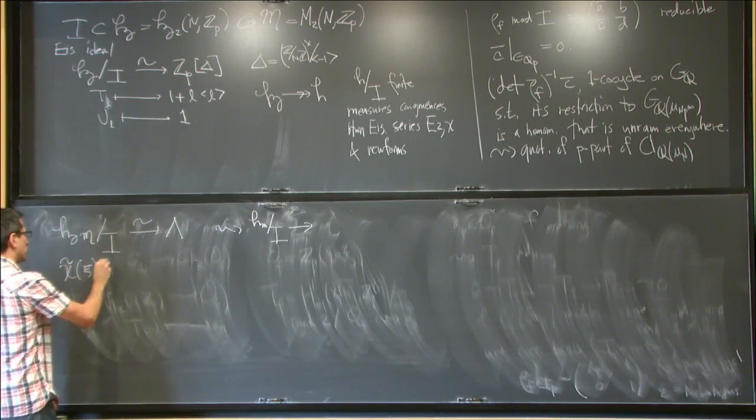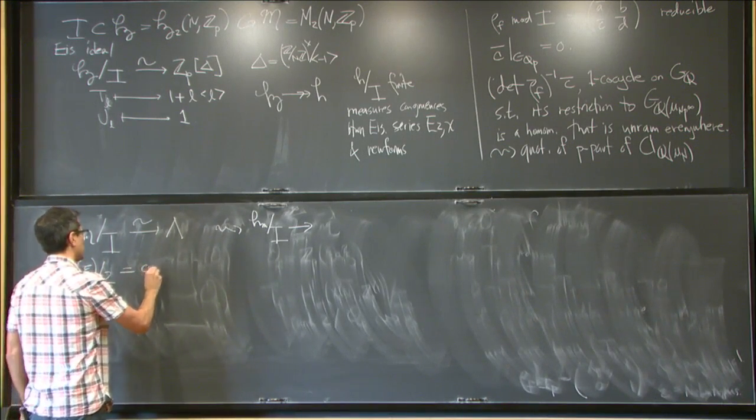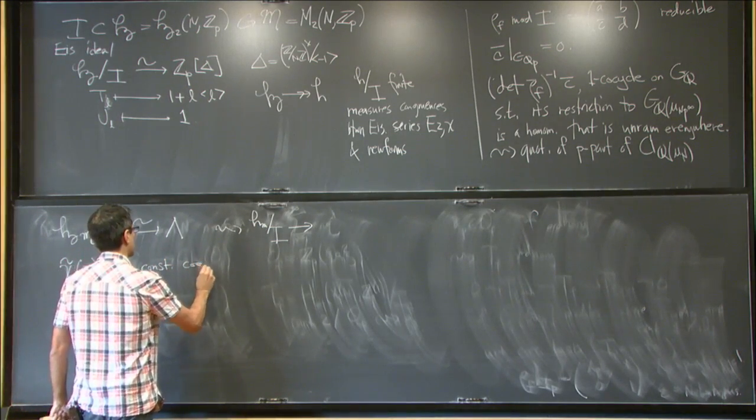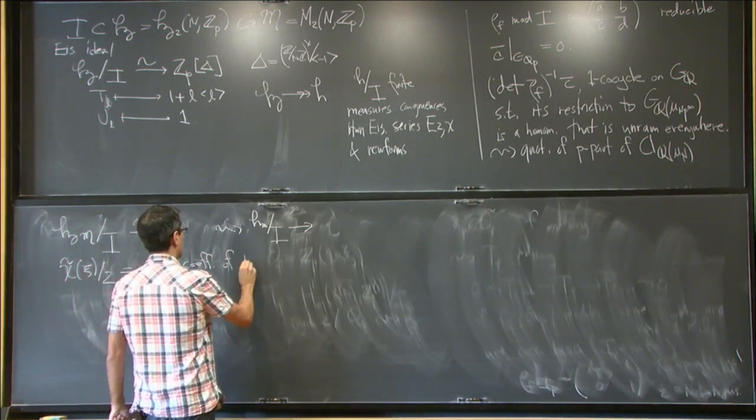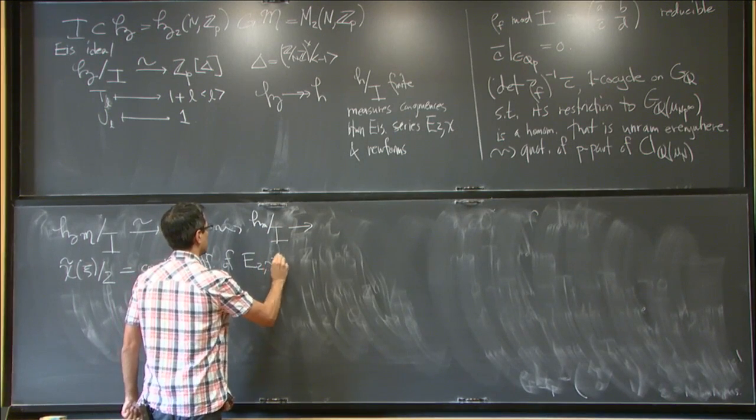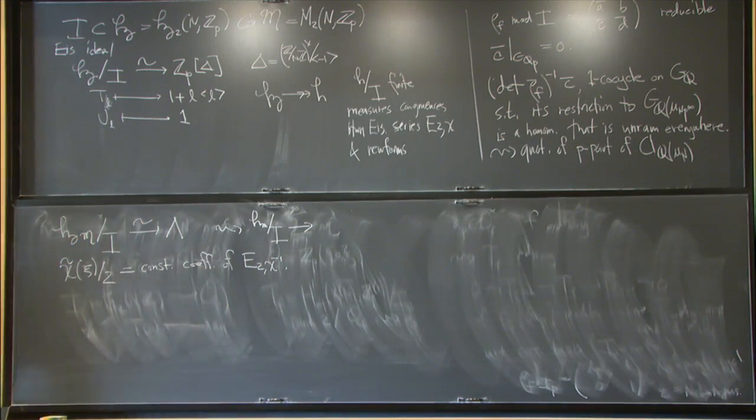Chi this over 2 is the constant coefficient of E_2 chi inverse. So when I mod out by that, my Eisenstein series starts to look like a cusp form, and you can make it exactly a cusp form.